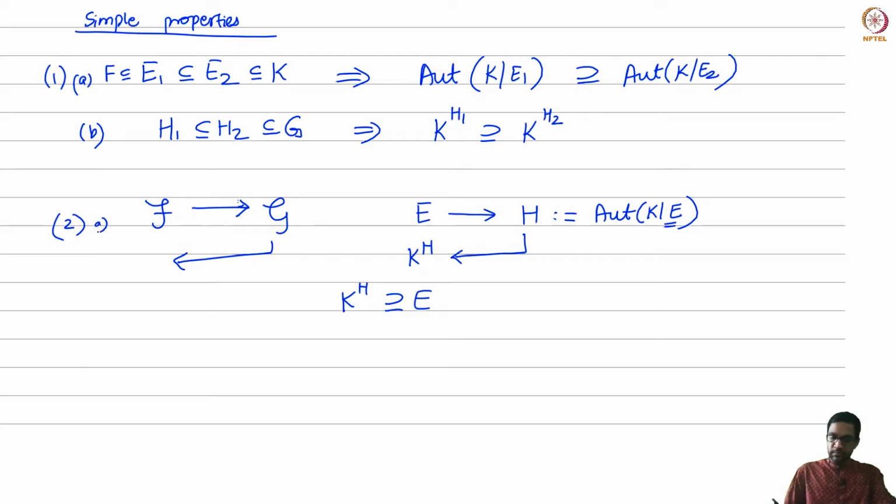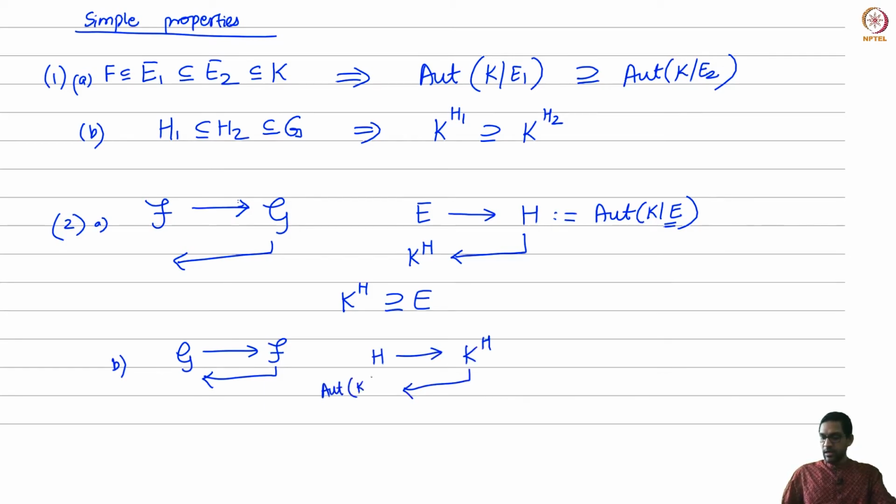This is 2A. 2B is for the opposite: you start with script G, go to script F, and go back. In other words, you start with a subgroup, you form its fixed field, then you look at the automorphisms of K which fix this fixed field.